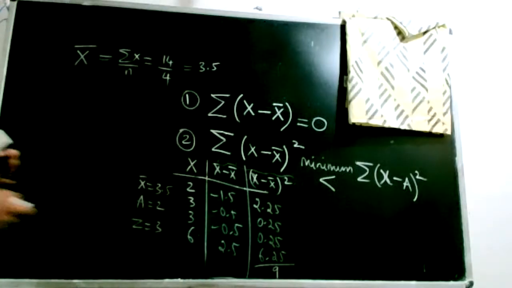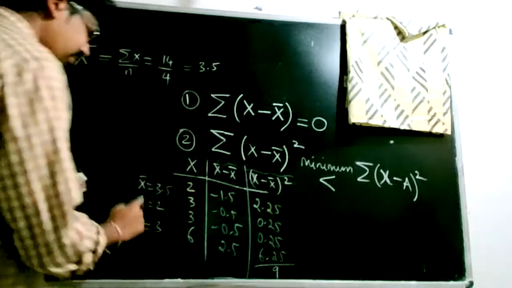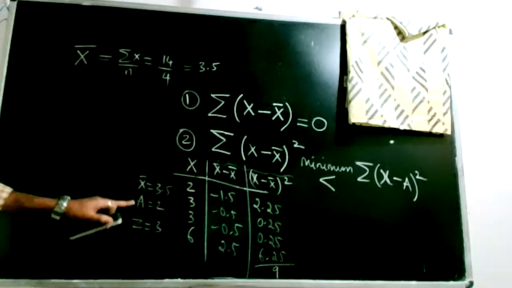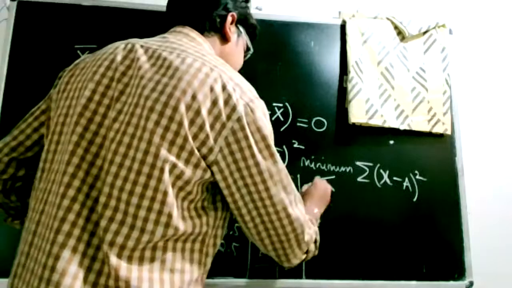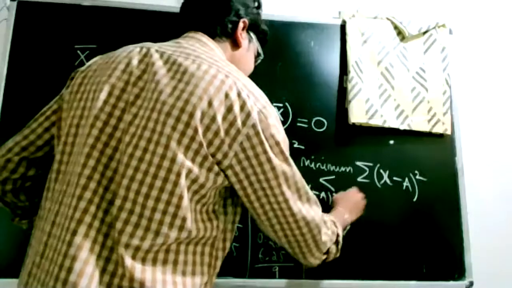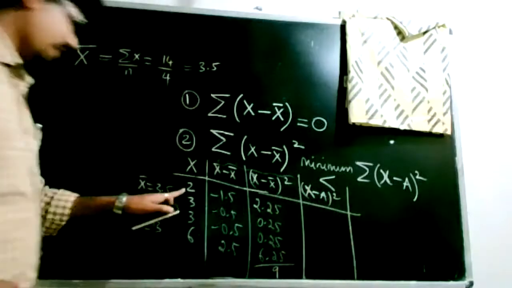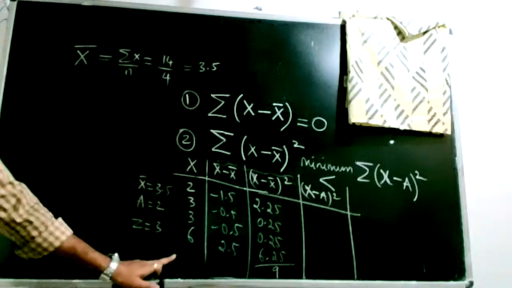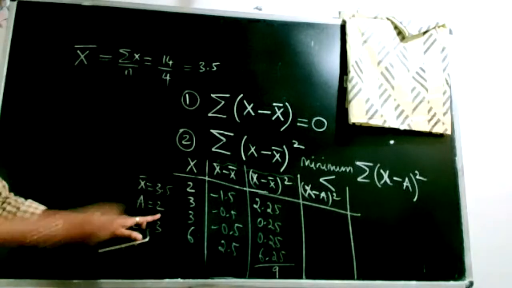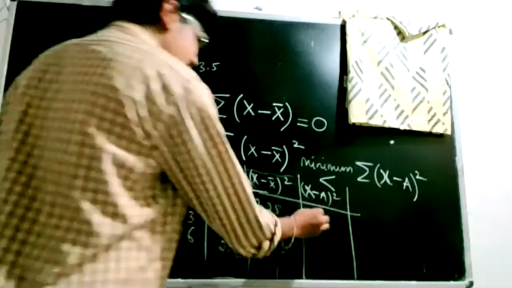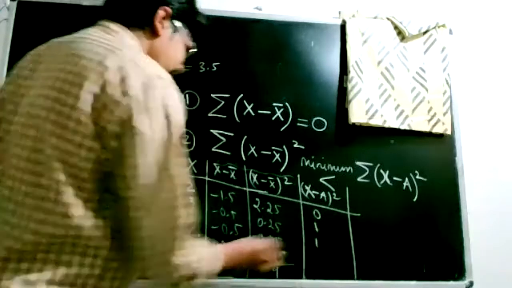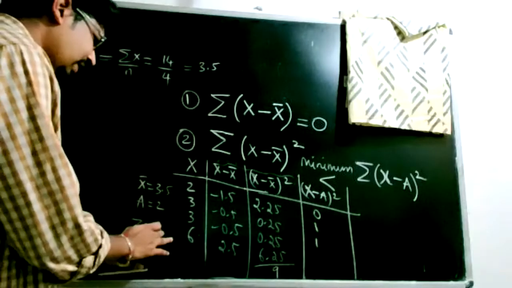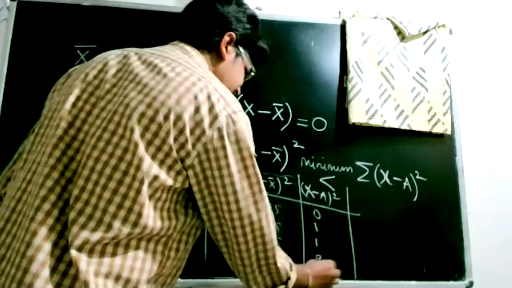Now observe the same measure x minus x bar whole square by changing x bar and replacing it by a value called a. So I'll directly do x minus a whole square now. My x is 2, 3, 3, 6 and a is 2. So I'll have 2 minus 2 whole square, which is 0. 3 minus 2 whole square, 1. 3 minus 2 whole square, 1. 6 minus 2 whole square, which is 16. So the total is coming to 18.